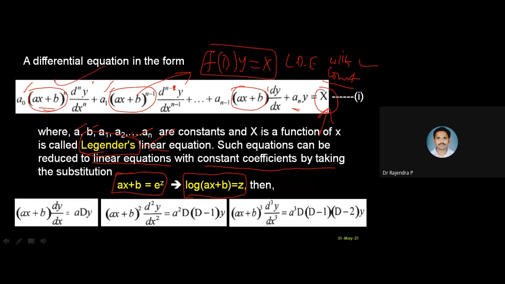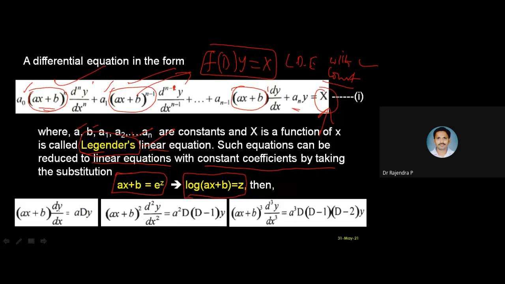I will tell you why you should not substitute on the left side. Only on the right side, wherever x is there, you can solve it. Suppose if you have ax plus b form on the other side, you can substitute e power z. In that case, we are going to get these particular results.